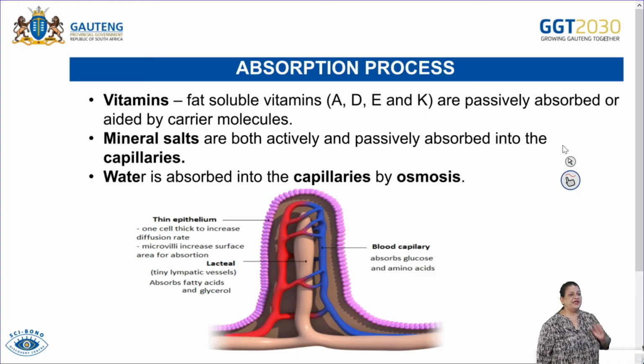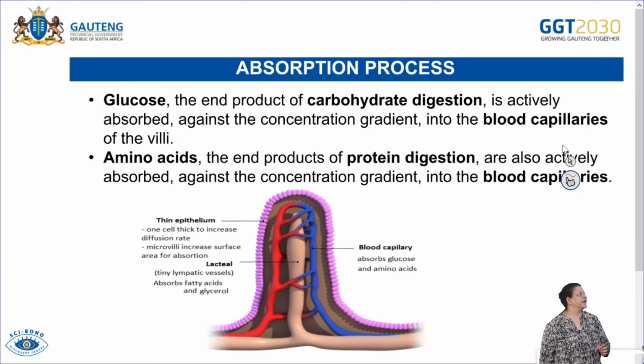So, water is passively absorbed. We've spoken about this earlier, that glucose is the simple molecule that comes from the breakdown of carbohydrates, and they are absorbed into the blood capillaries, that blue structure. Amino acids are coming from the breakdown of proteins by proteases. They are also absorbed into the blood capillary.